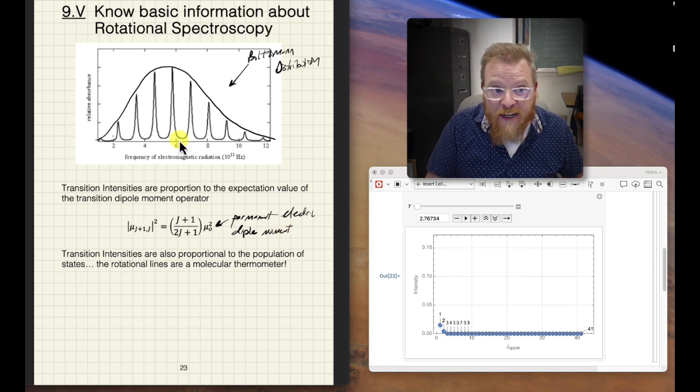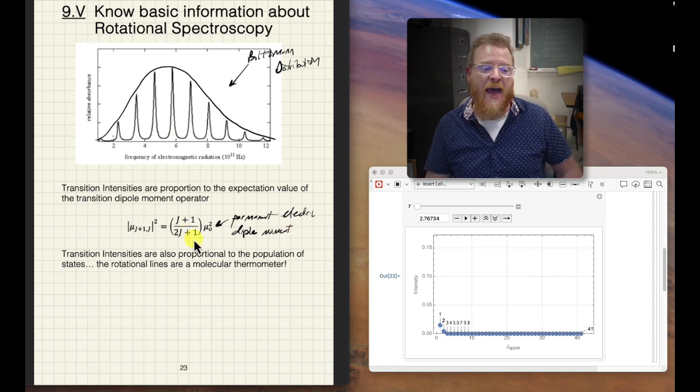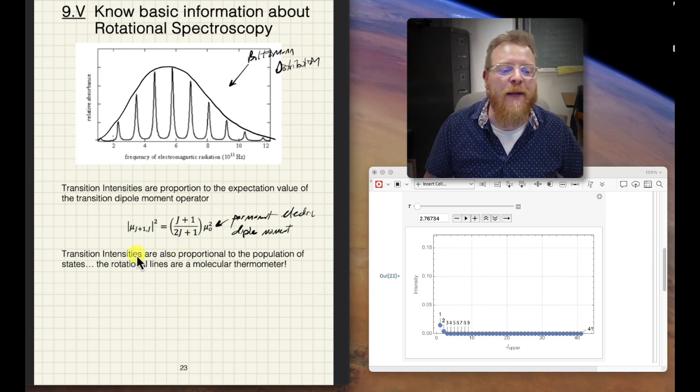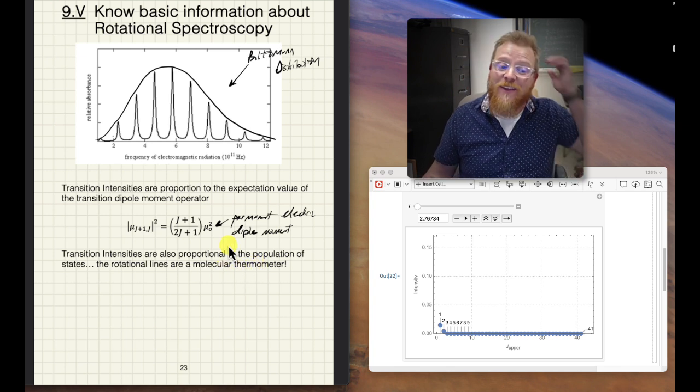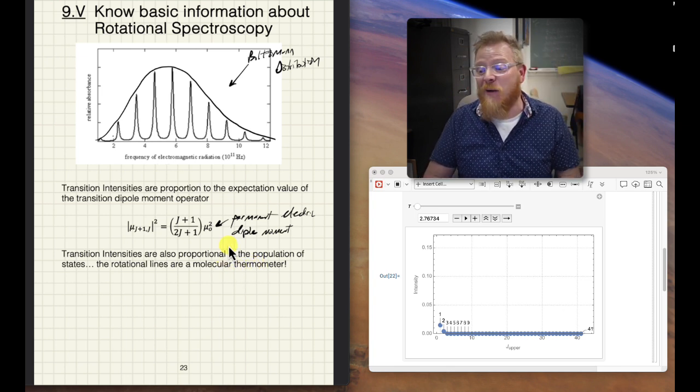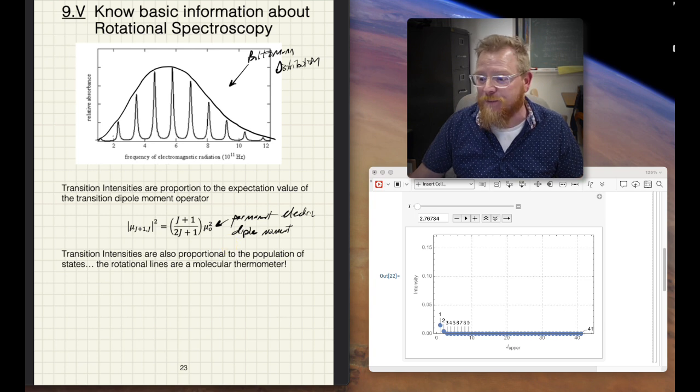So the height of these peaks are affected by that. Additionally, the transition intensities are also proportional to the population of states. Or another way to think of it is the rotational lines are like a molecular thermometer.